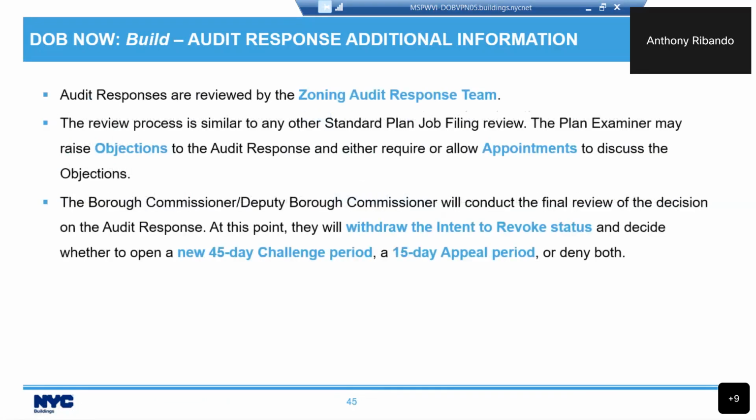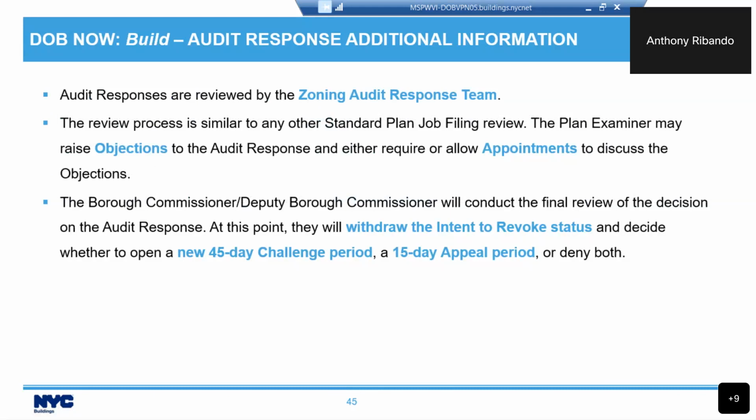But some additional information for the audit responses. Audit responses are reviewed by the zoning audit response team. The review process is similar to any other standard plan job filing review. The plan examiner may raise objections to the audit response and either require or allow appointments to discuss the objections.